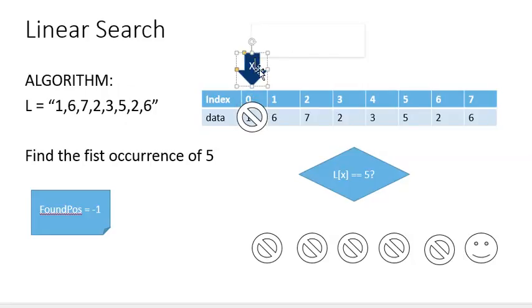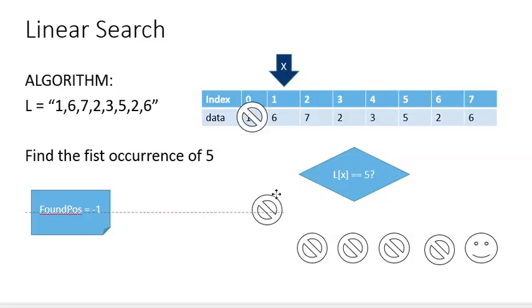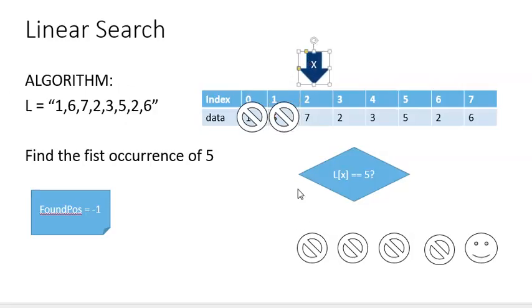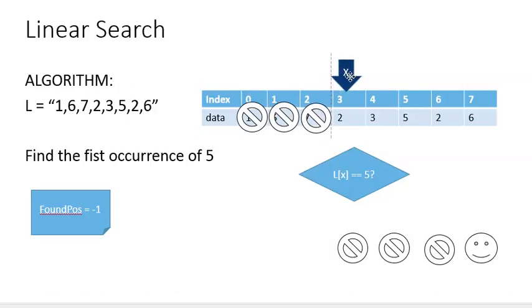So I've dismissed one element as being not equal to the number I'm looking for. I'm looking for 5, remember. Is L[1] equal to 5? No, it's equal to 6. Not found yet. Is L[2] equal to 5? No, it's equal to 7. Not found. Is L[3] equal to 5? No, not found.